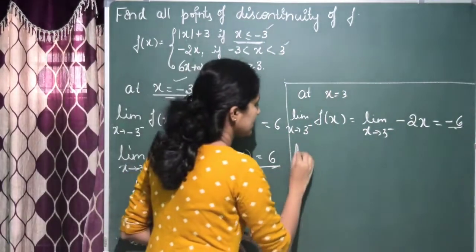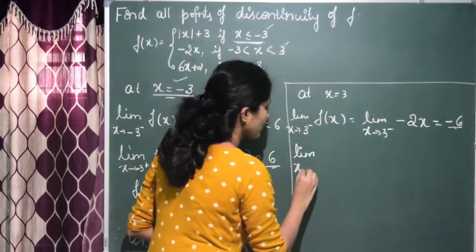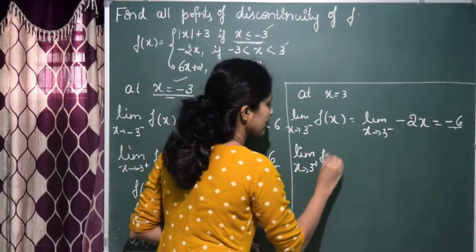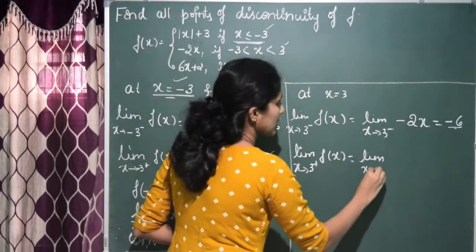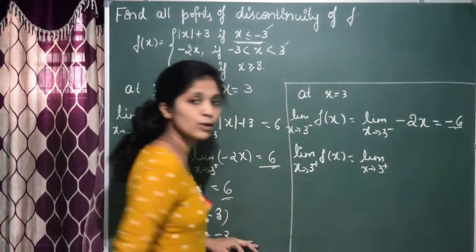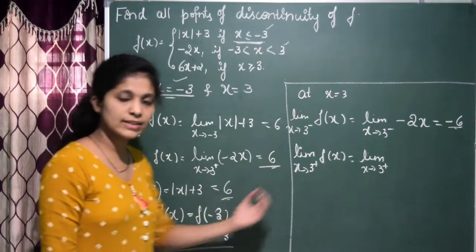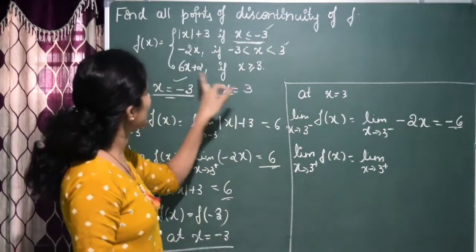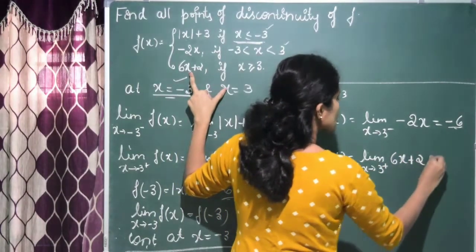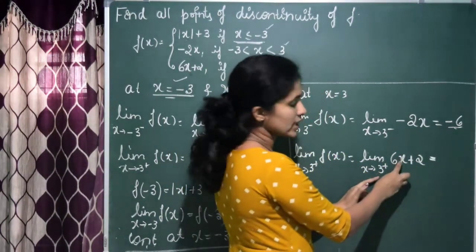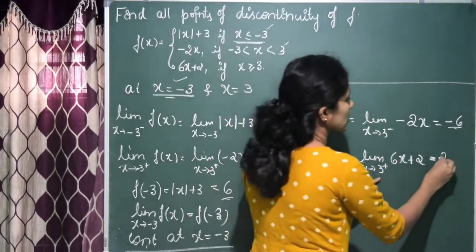Now we will check the right hand limit. Limit of x tending to 3 plus of f of x. The value of x is tending to 3 from the right hand side, so the value of x is greater than 3, right? The function is 6x plus 2. If I substitute 3, 6 into 3 will be 18, 18 plus 2 is equal to 20.